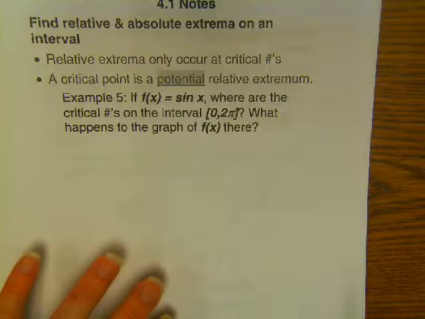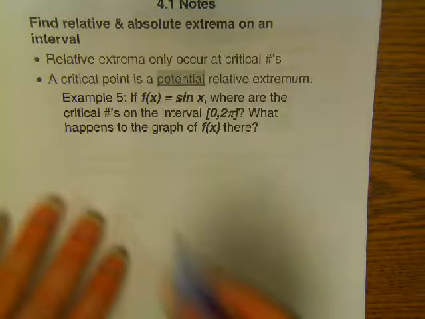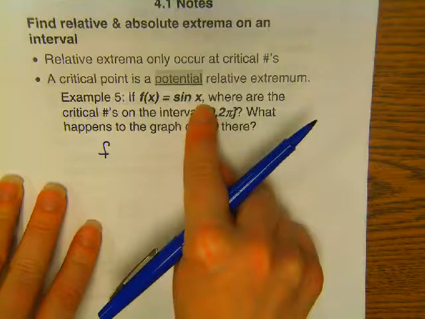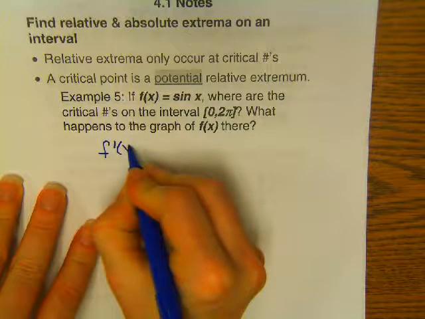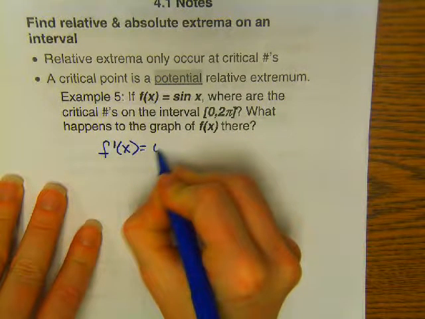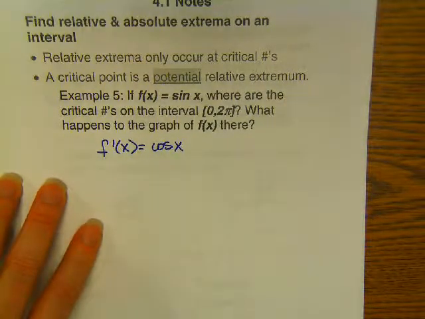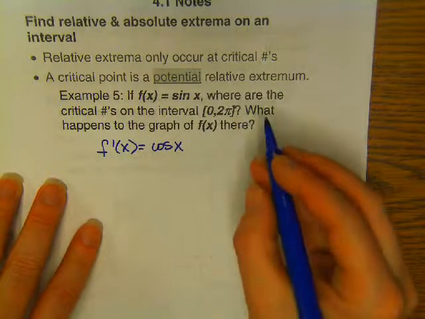First of all, sine is continuous. There are no non-differentiable points on that. So the derivative would be cosine of x, and we are only looking on the interval 0 to 2 pi.